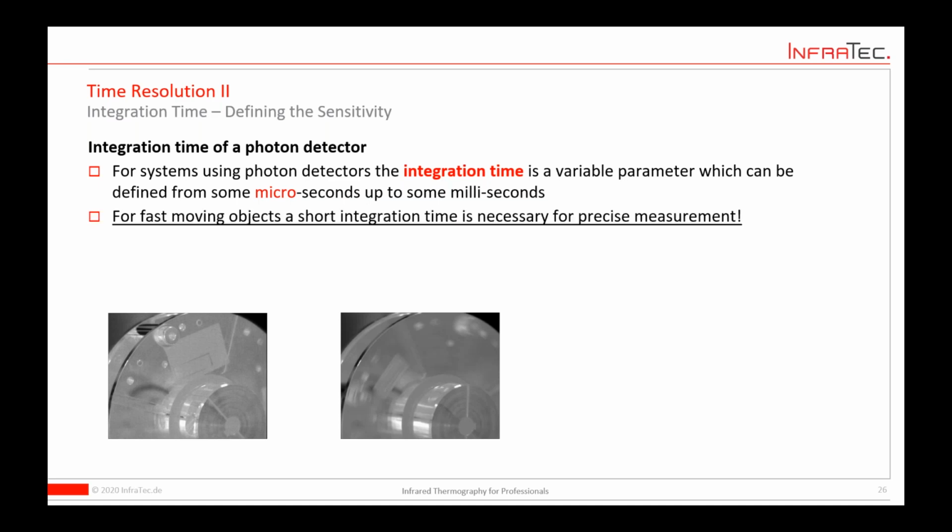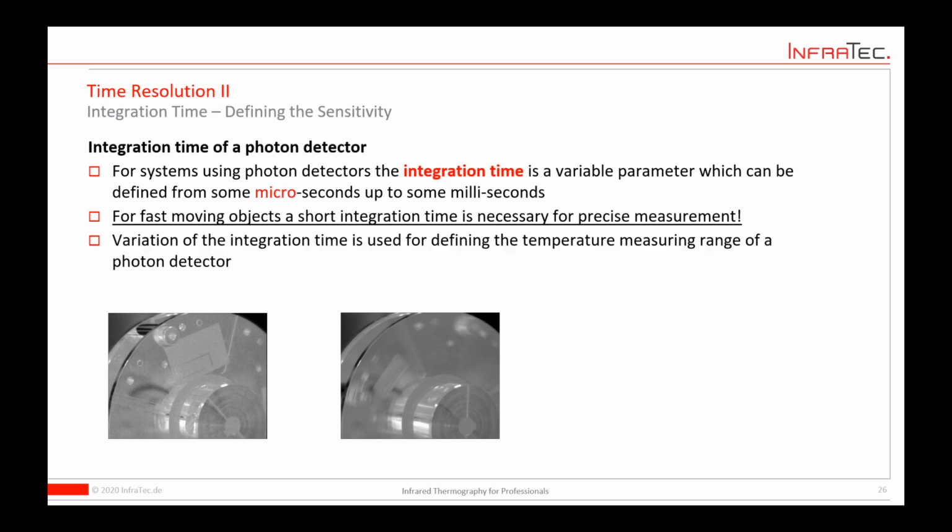You will be able to set these integration times in respect to the temperature ranges you want to see. Here you see two examples of a rotating object with different integration times. This is the same frame rate but with different integration times, and you can simply adapt these technologies to your application.